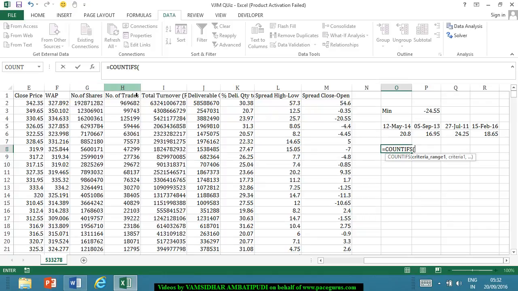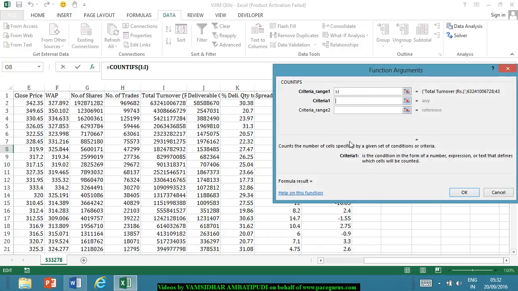Now I'm talking about the total turnover greater than how much? 100 crores. 10,000, 1 lakh, 1 crore. No, this is 10 lakhs, 1 crore, 10 crores, 100 crores. Correct? 1,000, 10,000, this is 1 lakh, 100 crores.